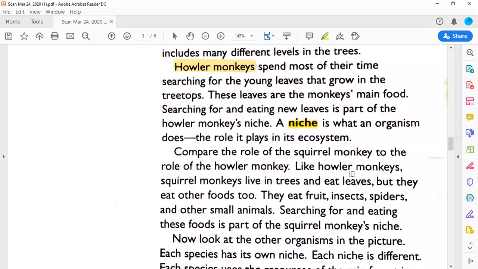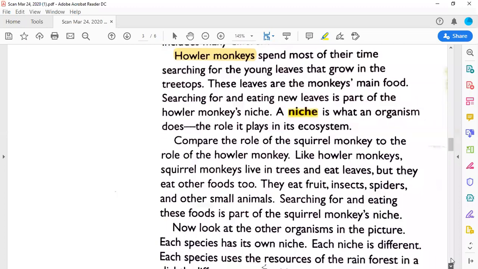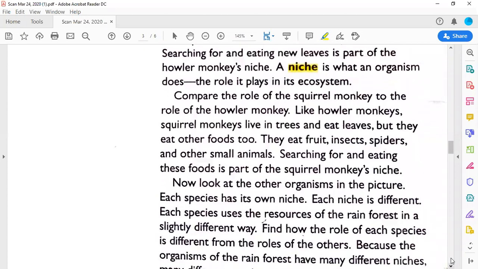The howler monkeys mostly eat leaves, but the squirrel monkey can eat many other foods as well. So that is a difference when it comes to talking about the niches. The squirrel monkeys also can eat fruit, insects, spiders, and other small animals as well. Okay. All right.